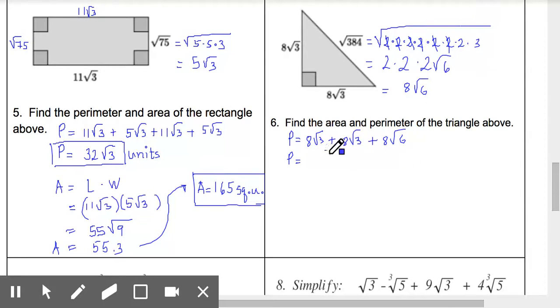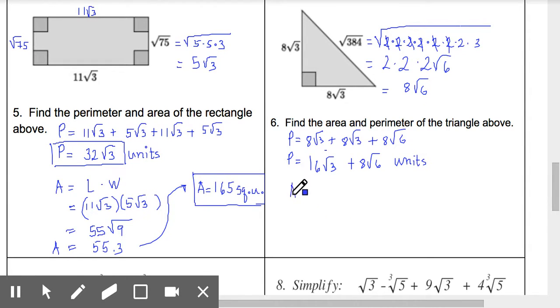So the first two have the same radicand, so we can combine them. 8 square root of 3 plus 8 square root of 3 is equal to 16 square root of 3. And we just bring down the 8 square root of 6. Say units.